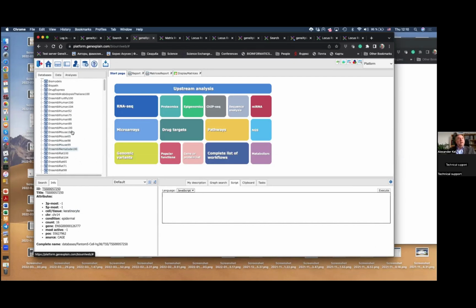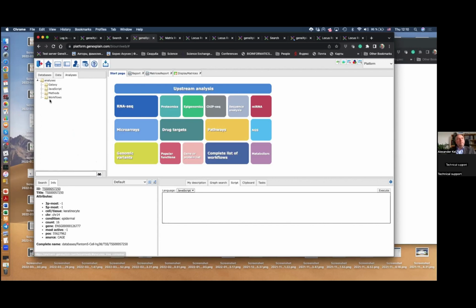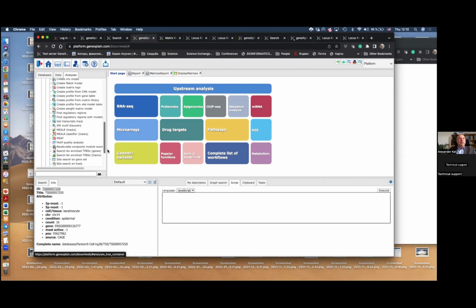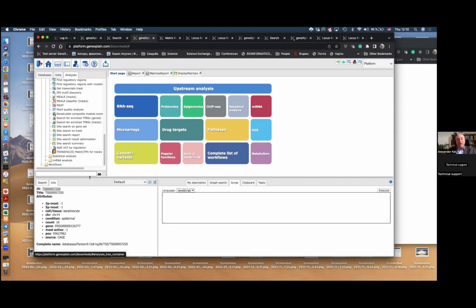And we have specific types of analysis among our methods. For instance, here are the site analysis methods. So these are individual methods which are used behind the scenes of the Match Suite. And there is a method which allows you to analyze promoters of particular cell types, and that's a whole set of methods.